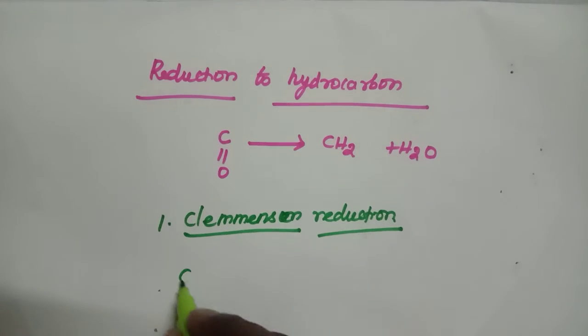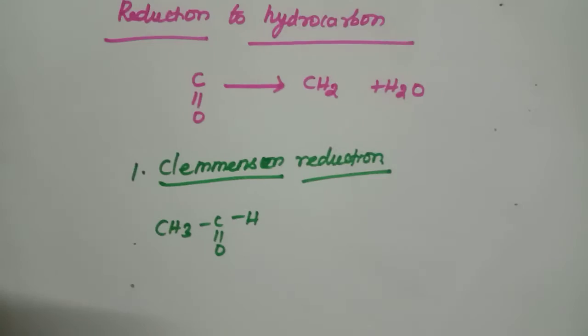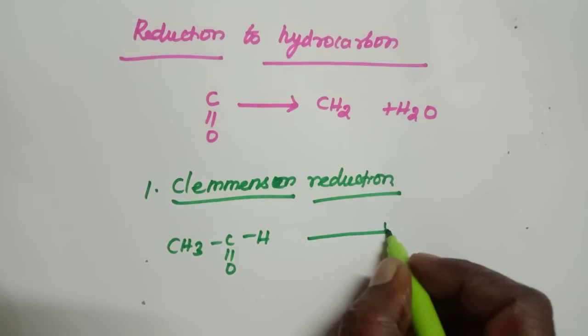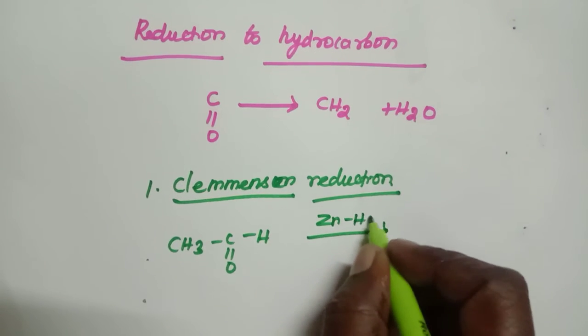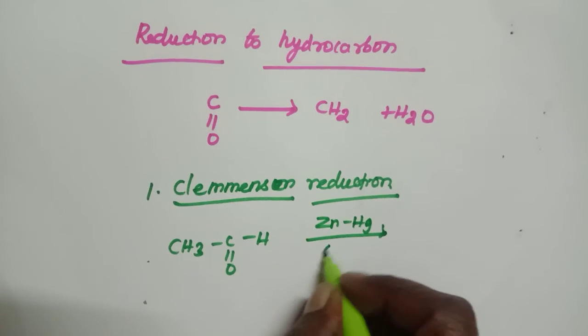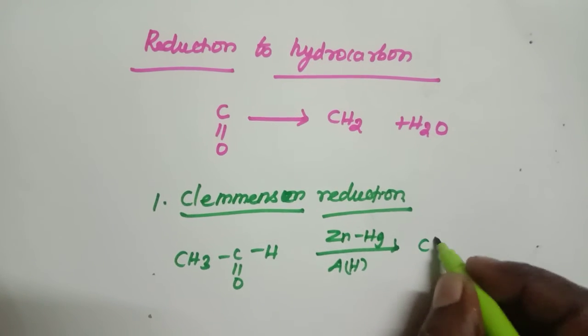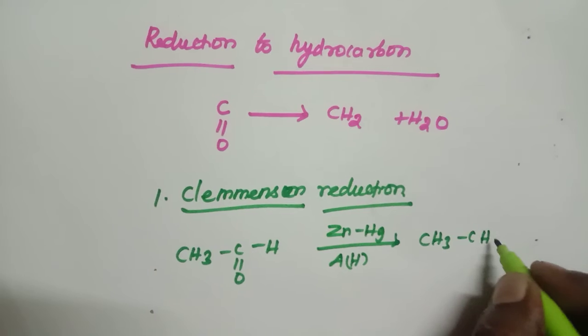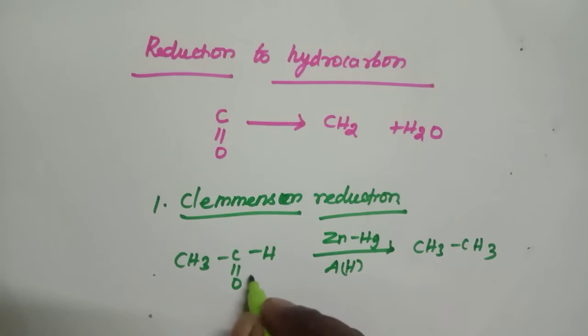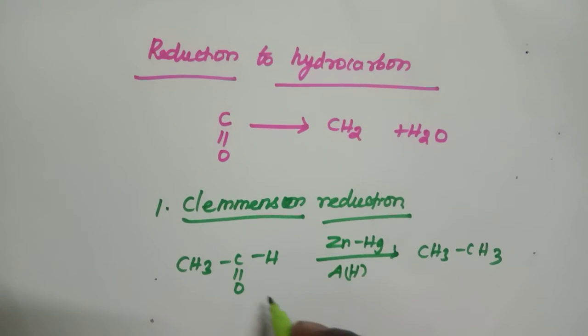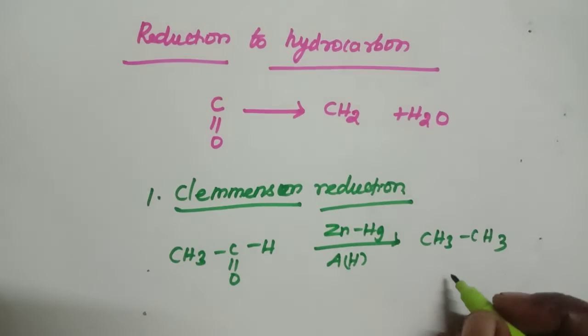For example, when acetaldehyde is heated with zinc amalgam, it gives CH3 CH3. The carbonyl group is reduced into a methylene group, that is CH2. So we will be getting ethane.